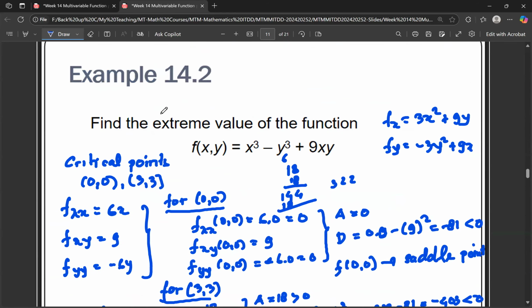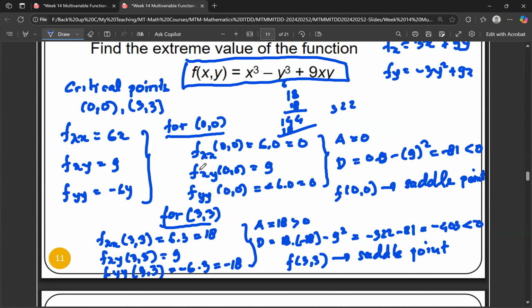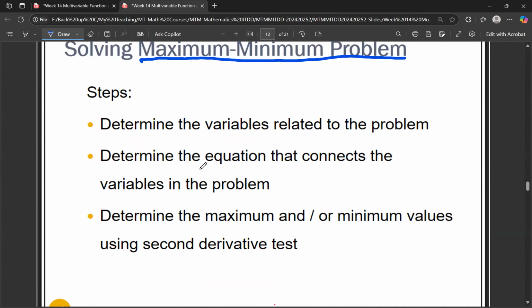In these examples, the formulation of the function has been given. But in real life or in some problems, first we must find the formulation of x and y. So this is an additional step to find the maximum or minimum.